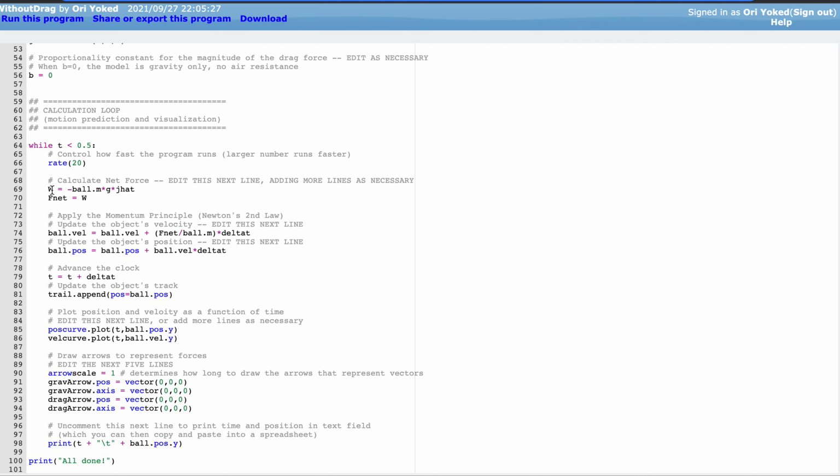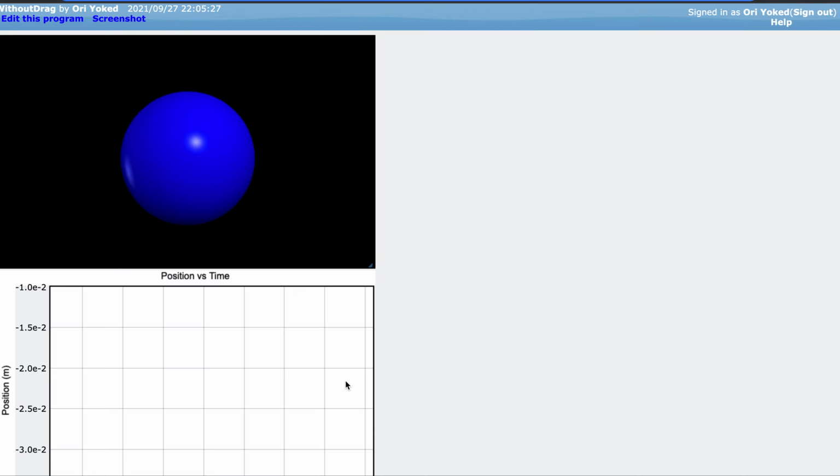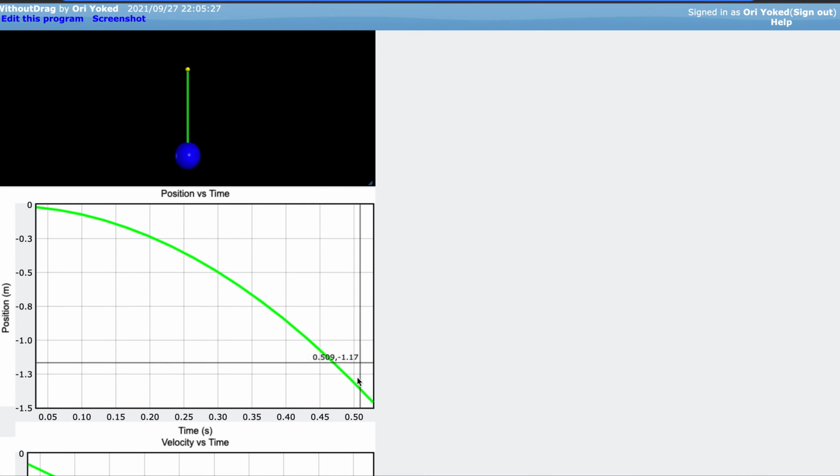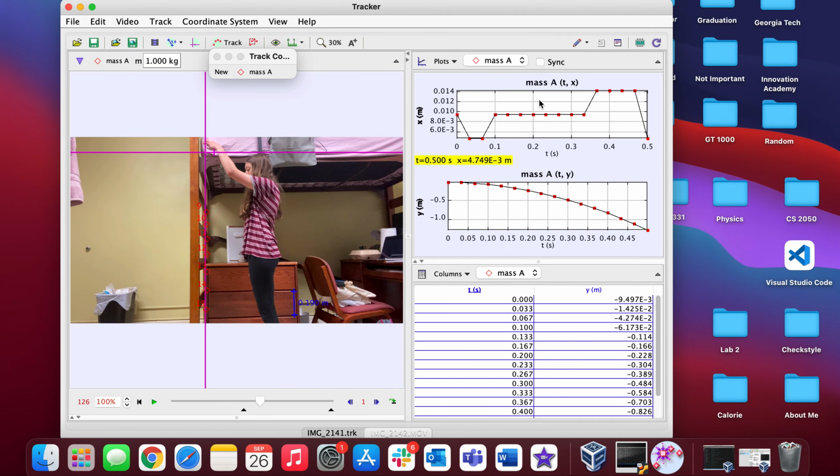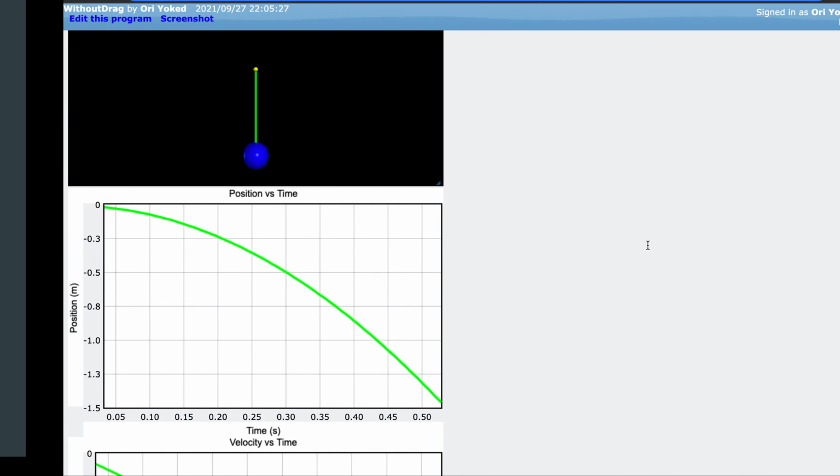And then I have the weight force, which is negative mass times gravitational constant, and that's all that we use for the net force. So this is what it looks like when the program runs. You can see that the model is pretty similar to the tracker model.